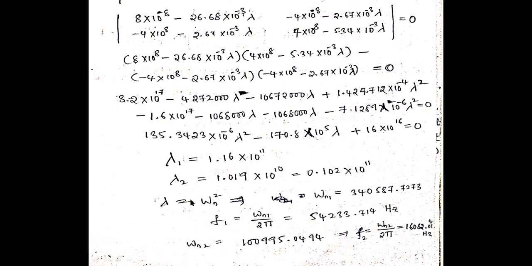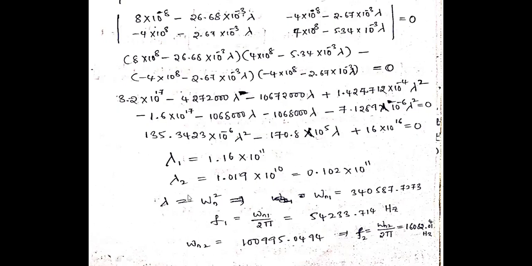Similarly, at lambda 2, the natural frequency is 100,995.0494, and F2 is equal to 16082.014 Hz.